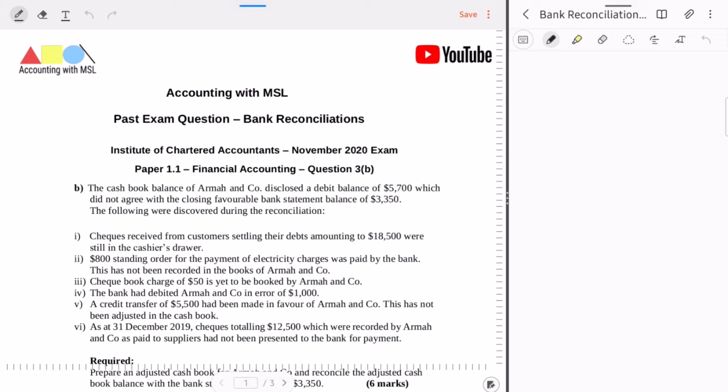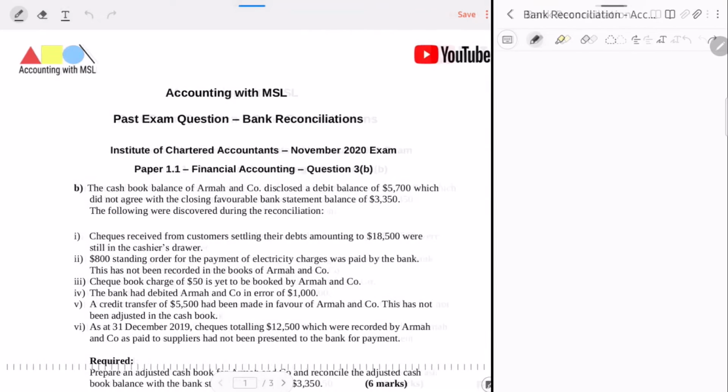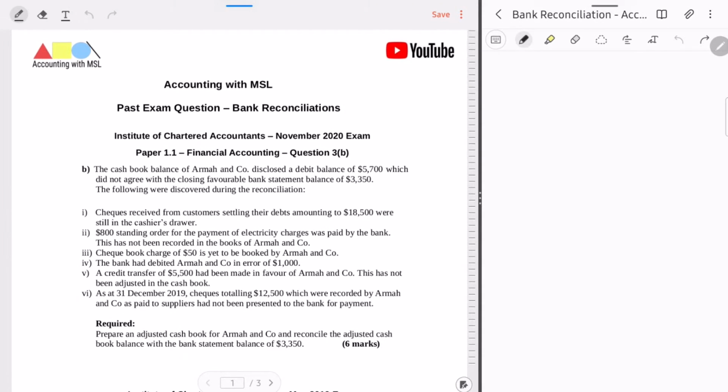Before we look at the questions, let's look at a quick overview of the principle behind bank reconciliations. Why must we do these? In the past, these days we have electronic digital banking, so it's not too common. But in the past, there could be variances between what the bank had as your balance and what you had in your books.